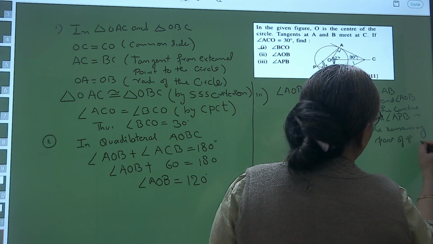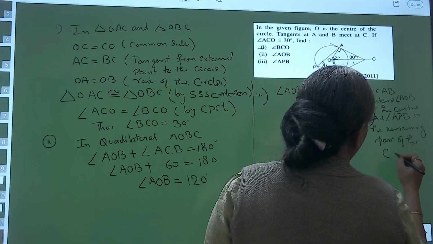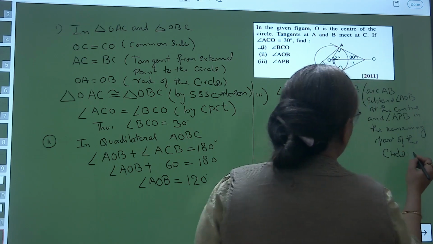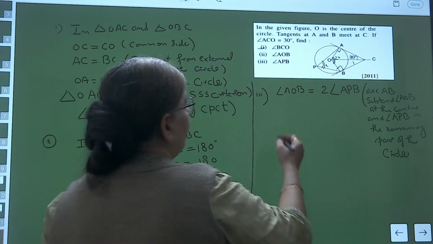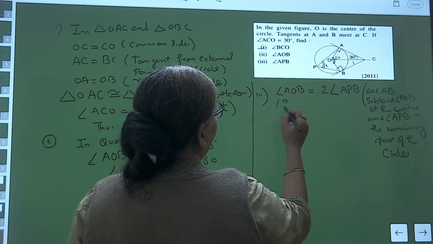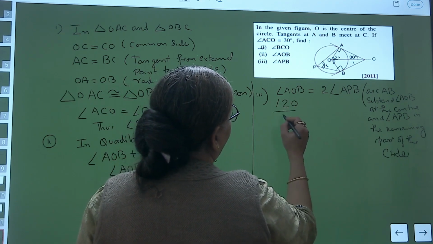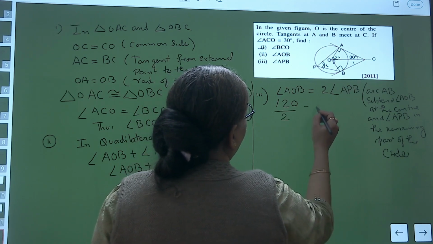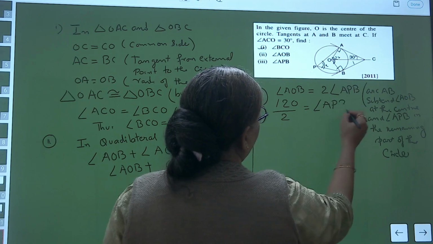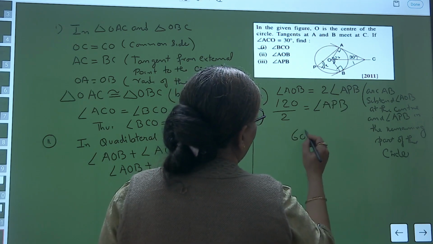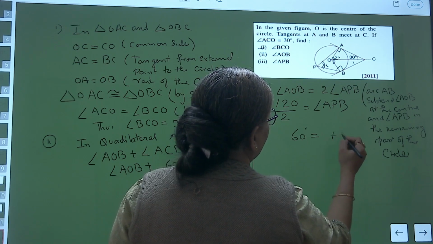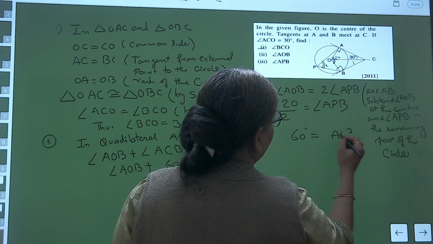So we already know angle AOB is 120, divided by 2, you get angle APB, that is, it is 60 degrees.